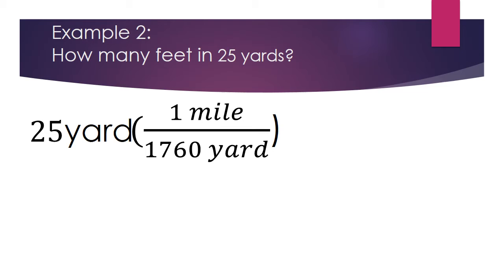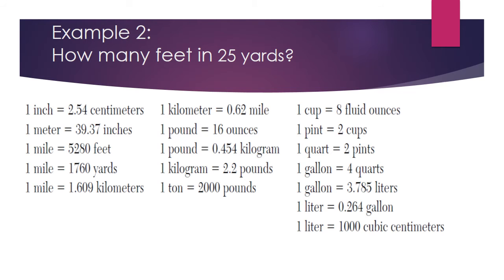This will not be enough because we are trying to change miles into feet, which means we have to write a second ratio, and in this case we're going to include the information that 1 mile equals 5,280 feet.